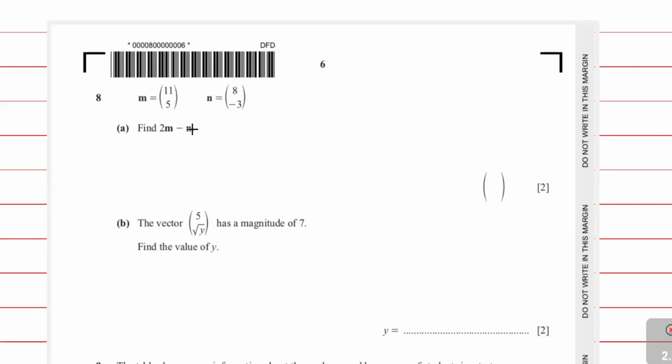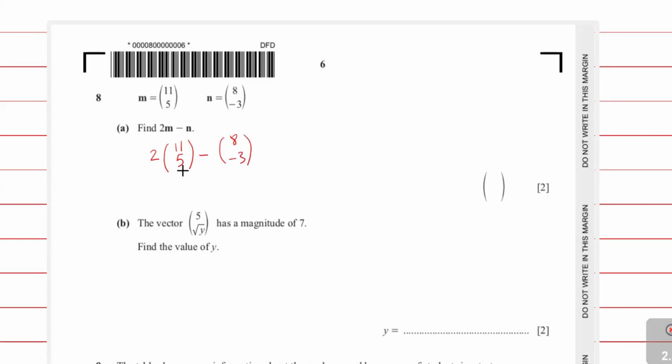Find 2m minus n. Look here, 2 into m, m is the column vector, we write 11, 5, we write minus as it is, n is also a column vector, we write the value 8, minus 3.